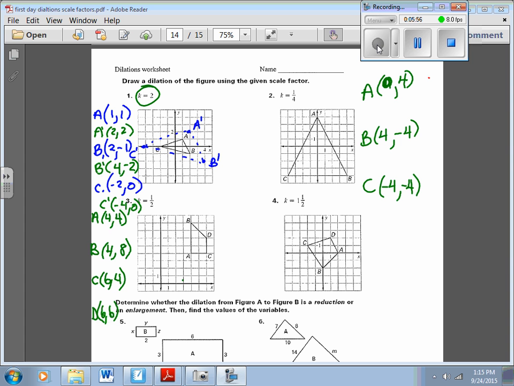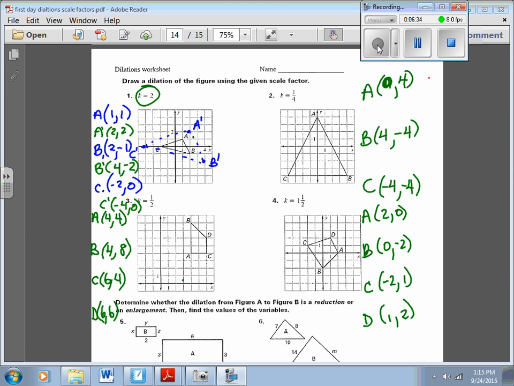I have the coordinates down for number 4 for A, B, C, and D. Go ahead and finish where you're at.